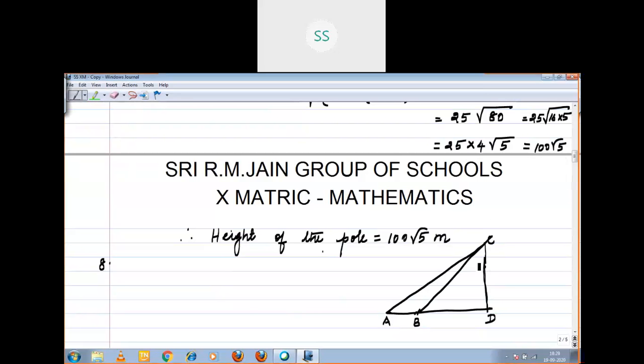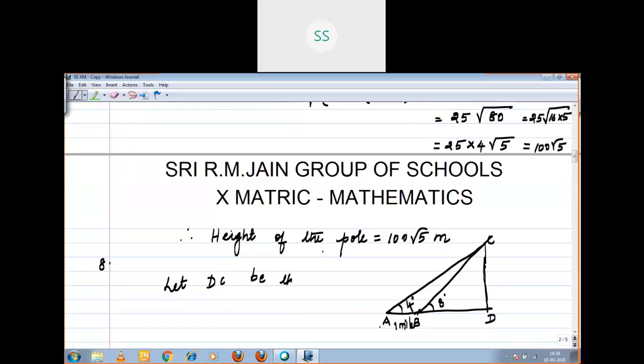Again, the consecutive milestones are A and B. From B to C, it makes an angle.